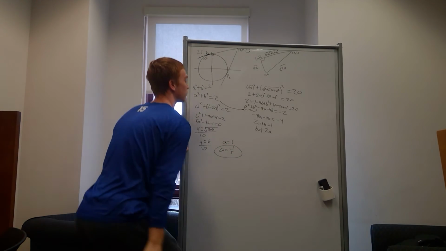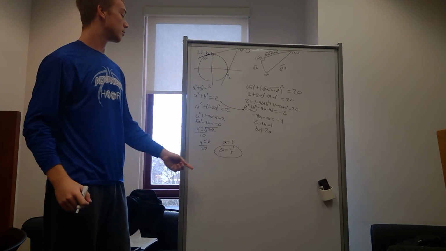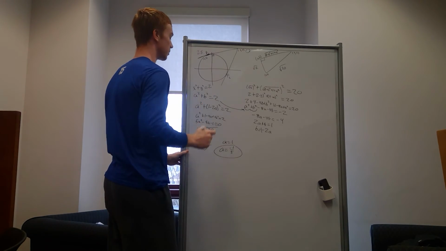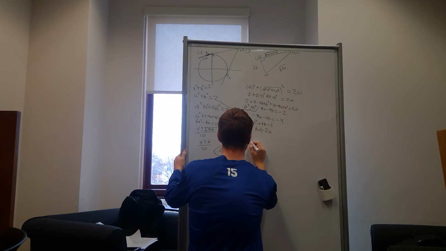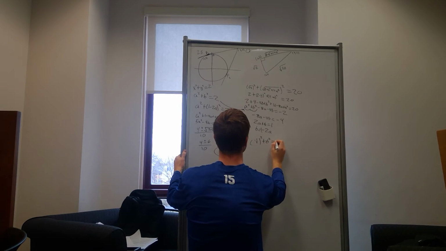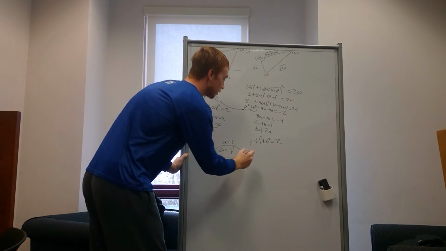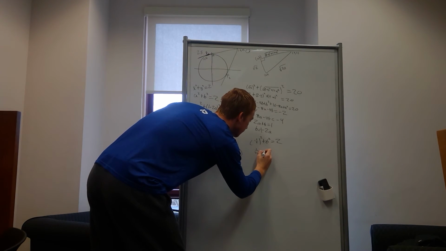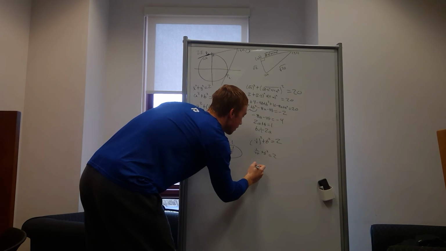And we're looking for the fractional components of a. So all we are worried about is a, so let me just plug in a again for a in here to find b. So negative 1/5 squared plus b squared equals 2. That's 1 over 25 plus b squared equals 2.